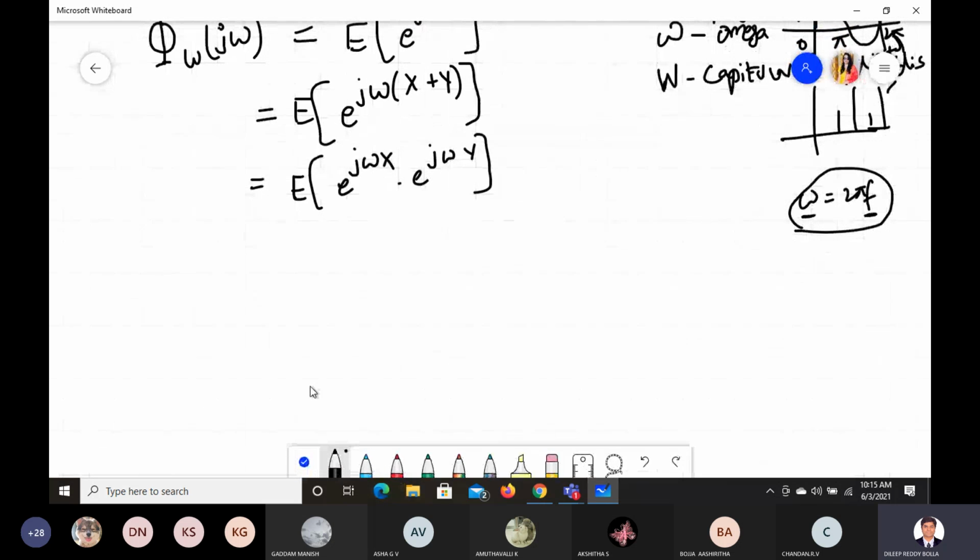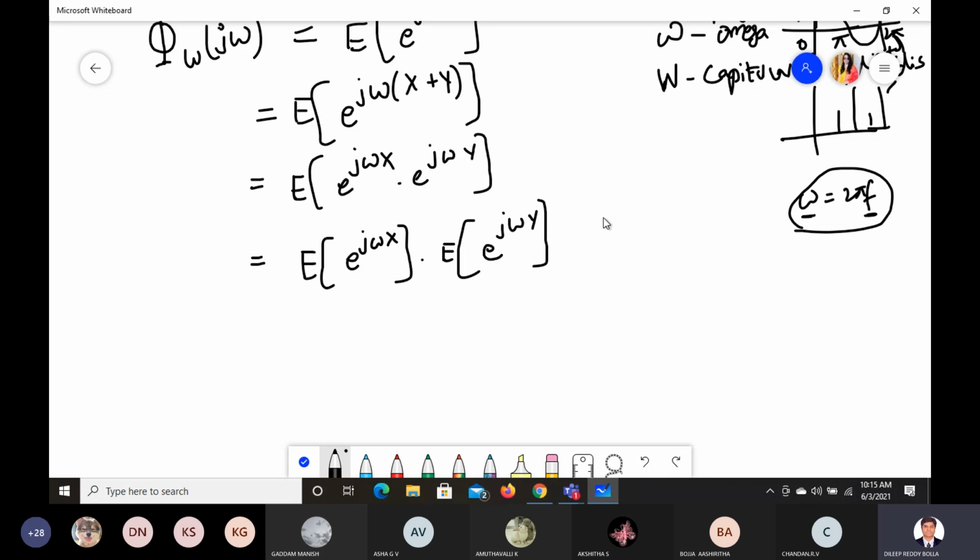Now from that we can also separate. If you expand the expectation operator, it will be the expectation of e power j omega X, the separate entity, into e power j omega Y.